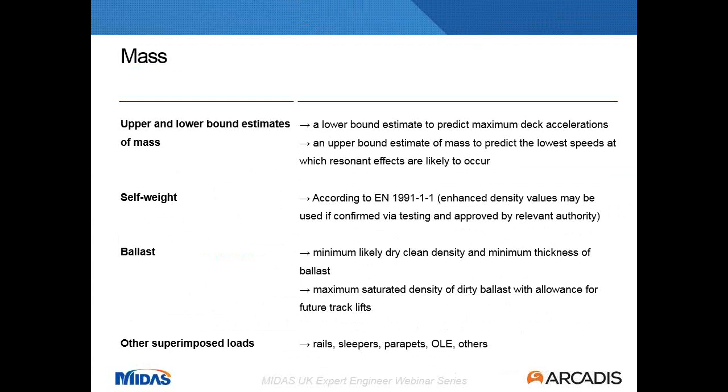And the other scenario is when you have an extra thickness in your ballast to allow for track lifts. So thickness is greater, and then you have to consider dirty ballast with a saturated density. And these two different values are going to give you the two different bounds for your mass.